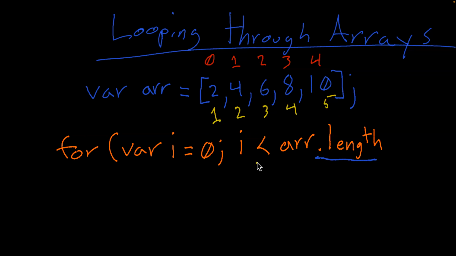So it's saying while i is less than 5. Because the r dot length, we count from 1. The indexes, we count from 0. That's the position in the array. When we're just counting the length itself, the system was built so that it counts from 1. Don't ask why. We are just going to use it this way for now. We'll learn it, and then we're going to work with it.